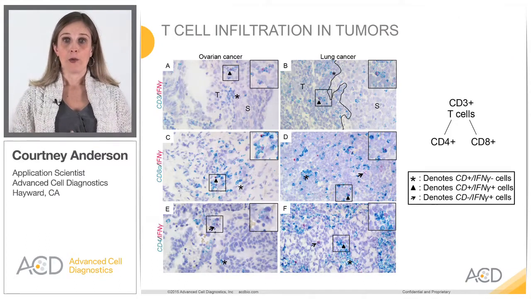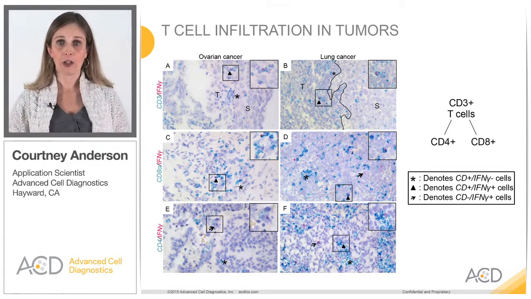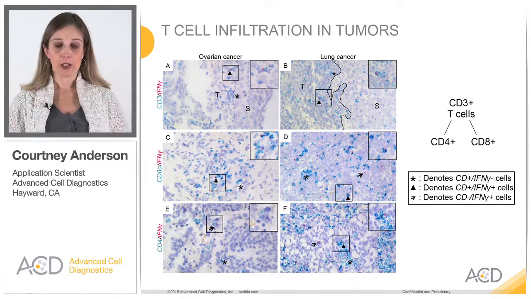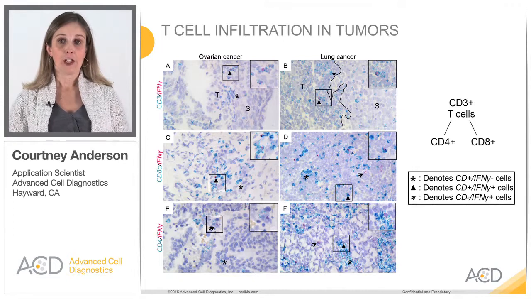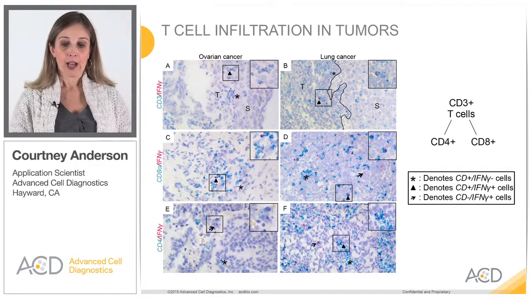Another experiment that we wanted to perform was to look at T cell infiltration into the tumor. And so again, using ovarian cancer and lung cancer, we performed an assay using CD3, CD8 alpha, or CD4 in green chromogen. And we did this in combination with interferon gamma using the red chromogen. And what you can see in both tumor samples is that we have expression of all the CD markers.